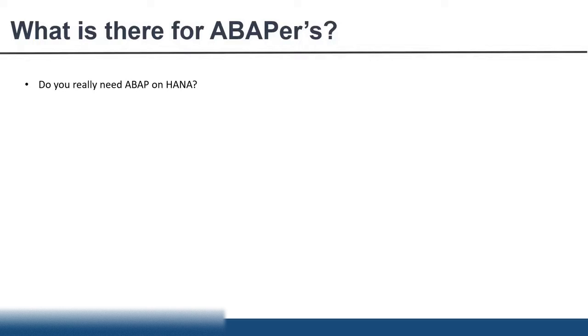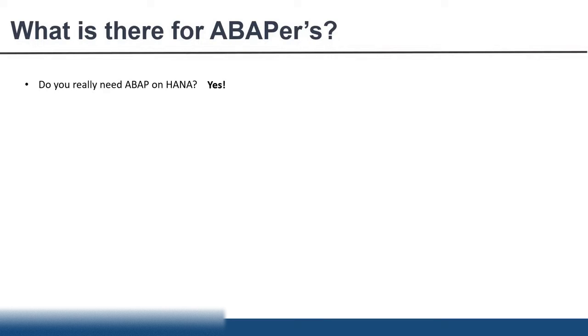So you use ABAP as a customization language on top of ECC. Then obviously, if you are going to use HANA as an underlying database, your client will definitely need some customization on top of it. So the answer of this question is yes, you really need ABAP on HANA.